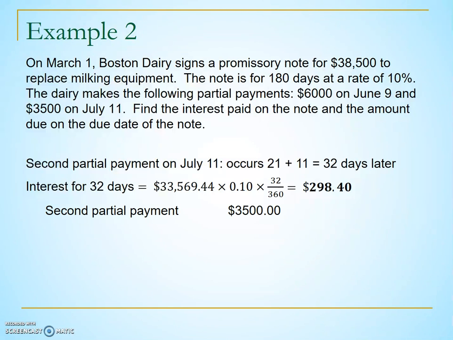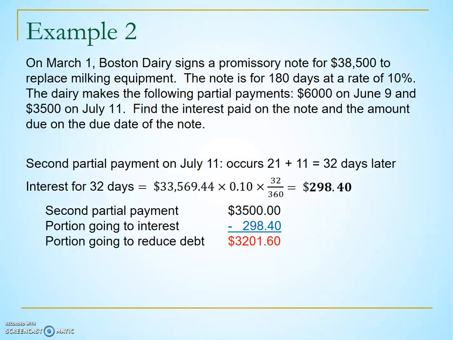The second payment of $3,500, minus the $298.40 owed in interest, equals $3,201.60 that is applied towards the principal.